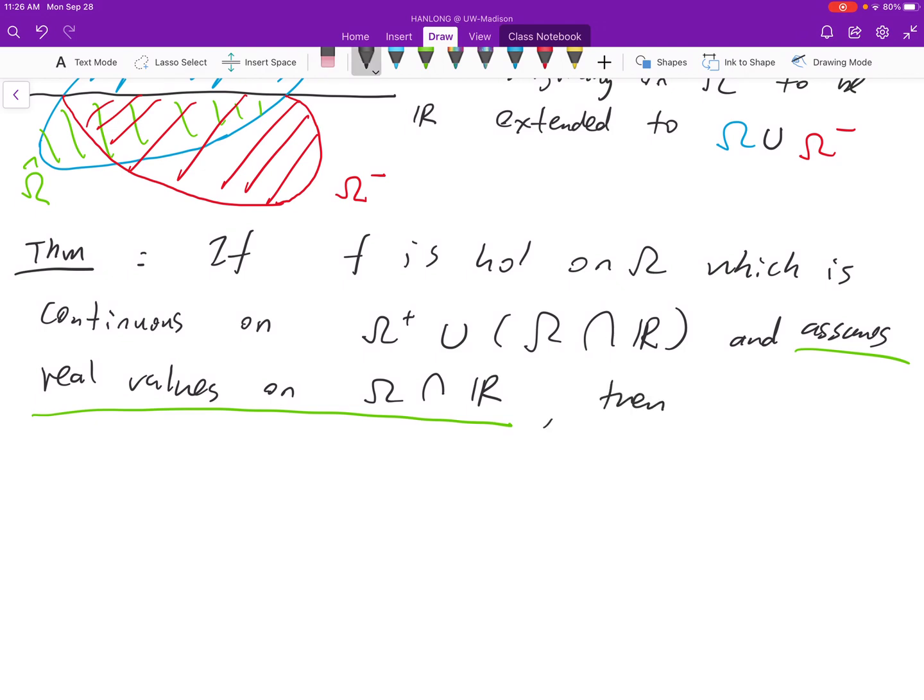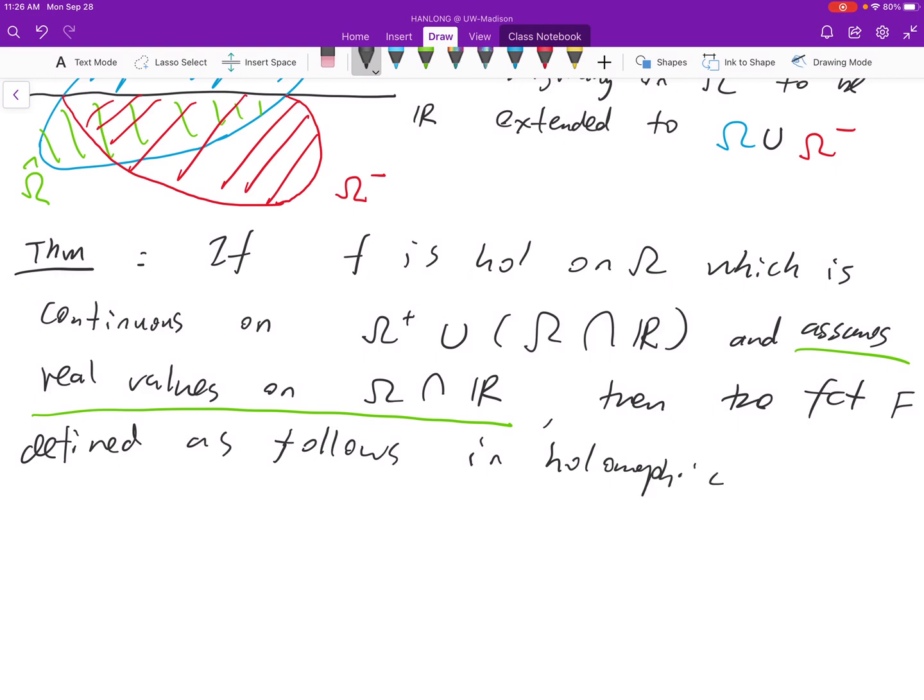Then the function capital F defined as follows is holomorphic on omega plus union the part on the real number line union omega minus.